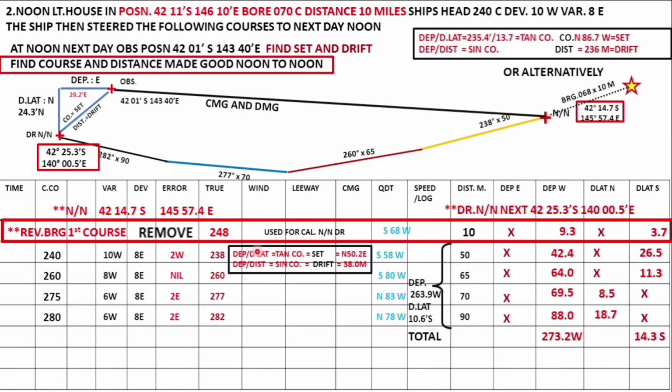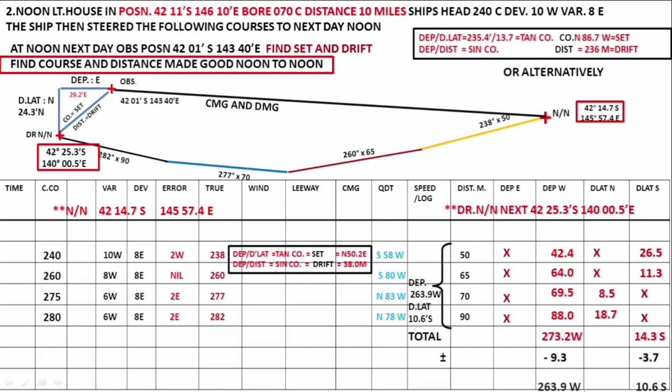So what I will do is in this table, I will remove this. I don't require this part of it because the ship has not done this. So whatever my total DLAT, D-long departure is there, would be reduced by this amount here. So I'm reducing this here. Of course, plus minus will depend upon what is the sign of the DLAT and departure.